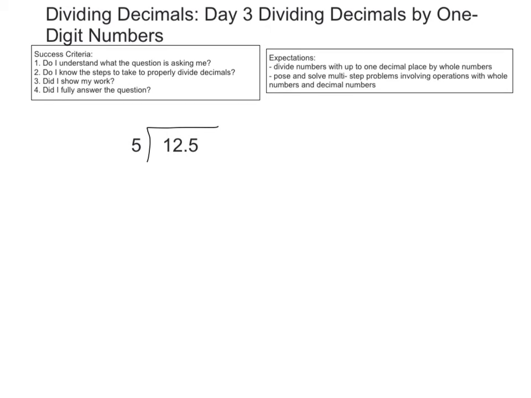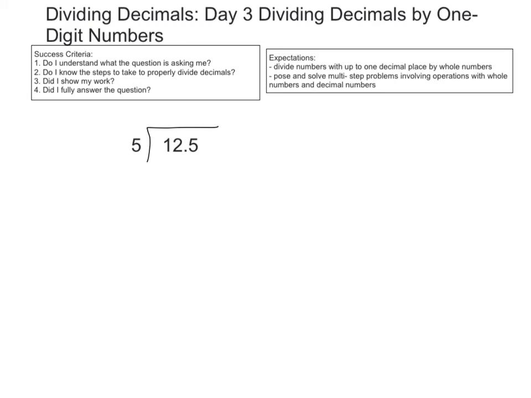Let's look at the question 12.5 divided by 5. What is our first step? So our first step is to make sure that we are dividing this number by this number. So let's look at how many times can 5 go into 1? Well, we know that 5 is larger than 1, so we can look at the number 12 as a whole. How many times does 5 go into 12?